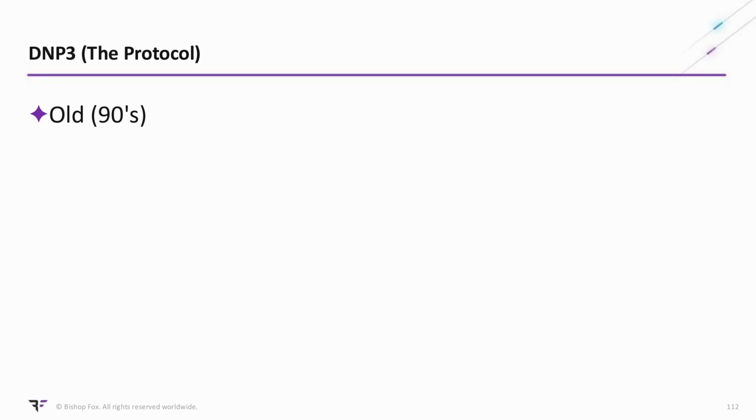You could be putting this on top of a layer that isn't TCP/IP because it didn't exist at the time. So you can do DNP3 over serial, things like that. You can still have an addressing layer even over serial. It's like a whole thing. That adds a lot of complexity. It's a binary protocol. It's extremely complex. There's an asterisk that says, I know that complexity is subjective, but in this person's humble opinion, it's very complex.